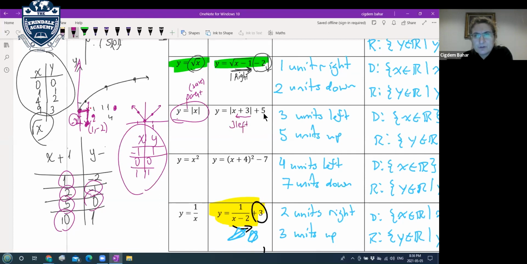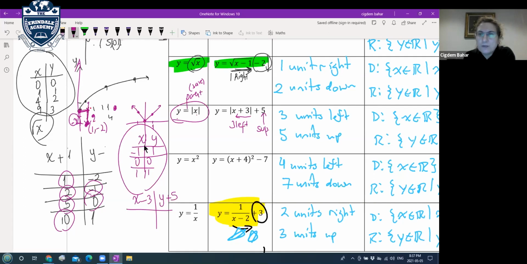3 left, 5 up. Anyways, nice. So if you sketch this, take all x values 3 to the left and y values are 5 up, add 5.